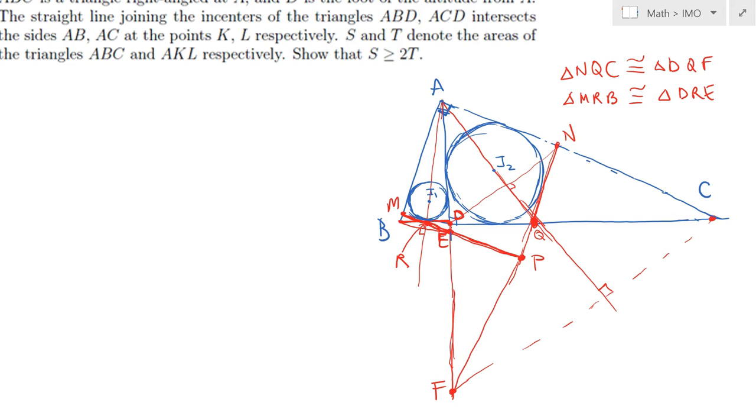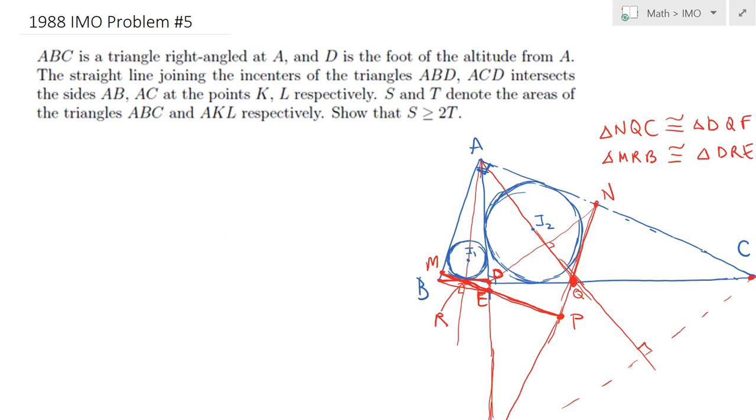But now we have some really good construction going on here. I claim that the shape AMPN is a square. So let me claim that. The claim is very easy to prove, obviously.